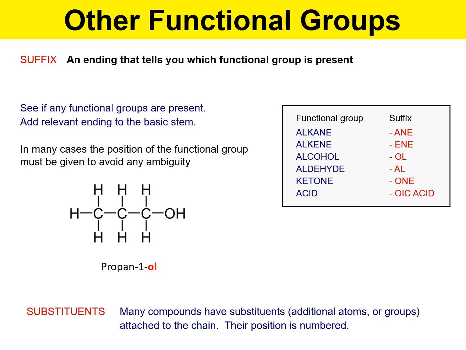So we change the ending of the name of the alkane to ol to signify that you have an OH group present. We're going to look also at carboxylic acids, where the ending changes to oic acid, and we're going to meet some new molecules you haven't met before. So we're going to meet the aldehyde functional group, and also the ketone functional group.